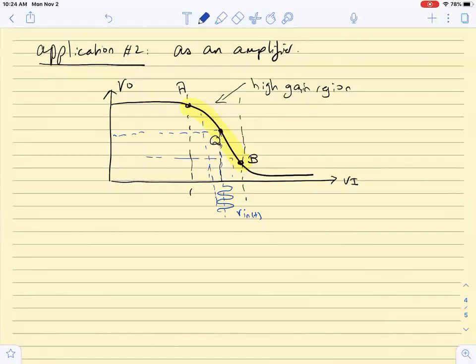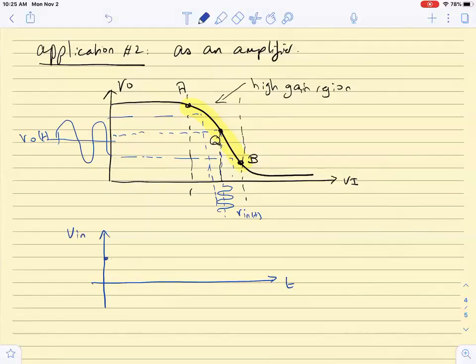So this will be my Vo of t. Sorry, we have time on the x-axis and Vn on the y-axis.